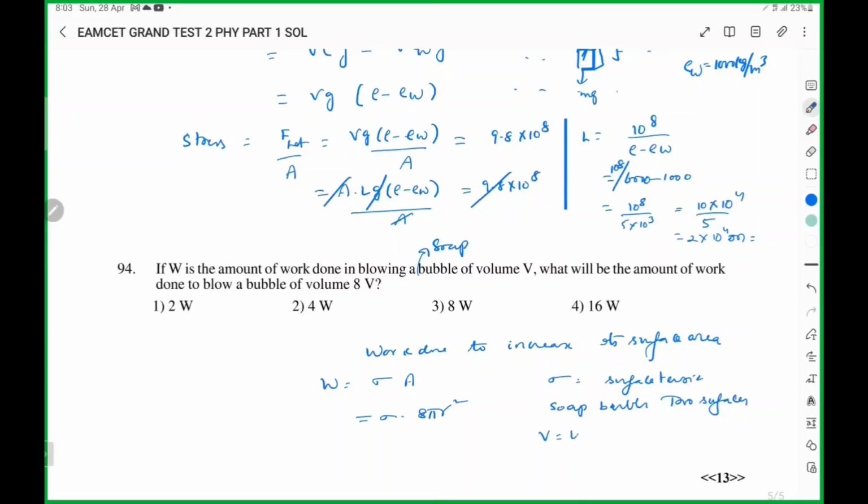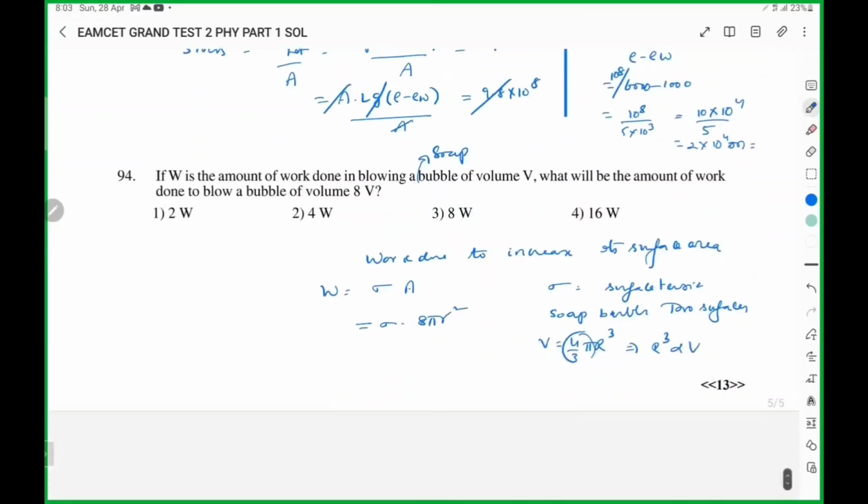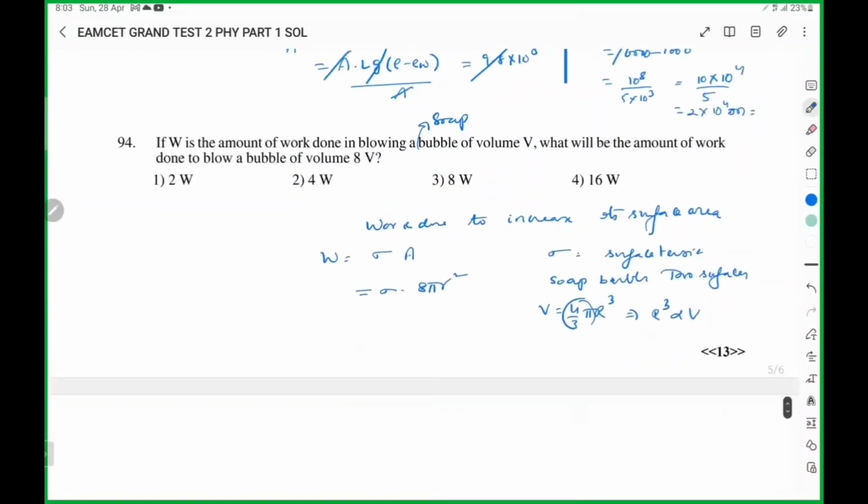And the volume of the bubble is this. So R cube is proportional to V, and work done is proportional to R square, and R square is proportional to V power 1 by 3 whole square, which is V power 2 by 3.